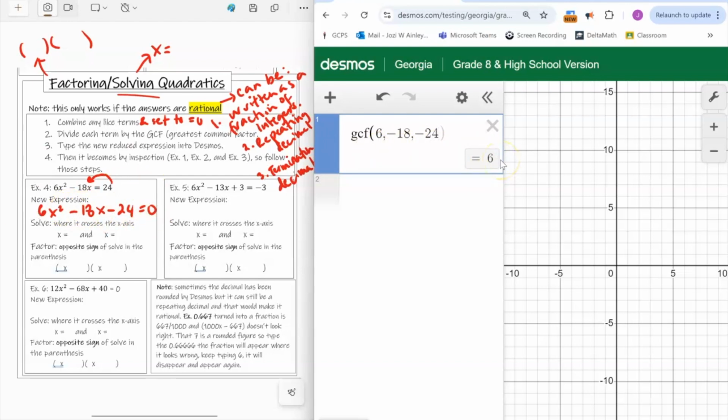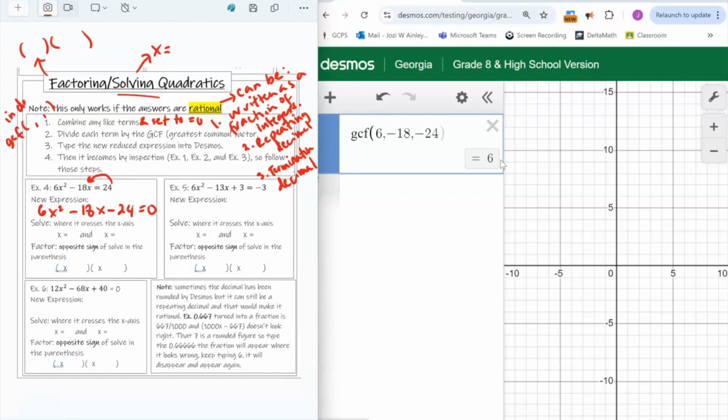So we're going to put some notes here for number 2. In Desmos, put GCF, parentheses, and then your numbers separated by commas. So it's telling me the greatest common factor here is 6.